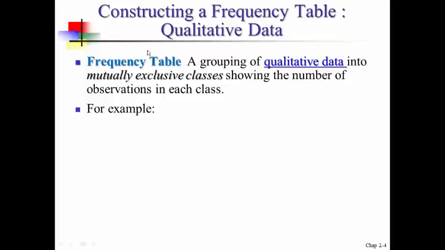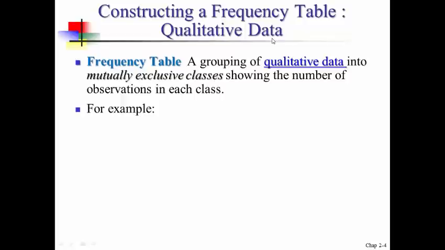first one, constructing a frequency table by using qualitative data. From chapter 1, we looked at 2 types of data, right? Qualitative data and quantitative data. Maybe I'm not going back to chapter 1 again, like I showed you earlier.